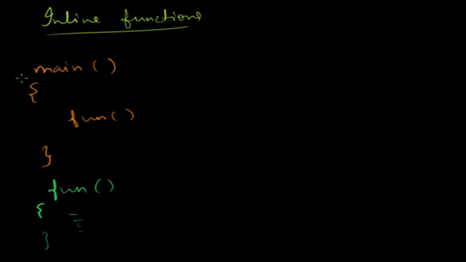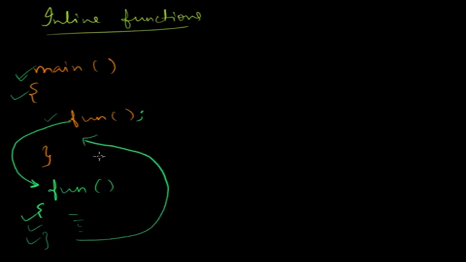Now how does the control go in any C program? It goes sequentially from top to down. First this statement is done, then this, then it goes to fun. Whenever it finds a function call, it directly jumps to the function, wherever the function is there in memory. It gets executed and then it returns back to the spot where it jumped from. So when it sees the function call, it saves the return address.